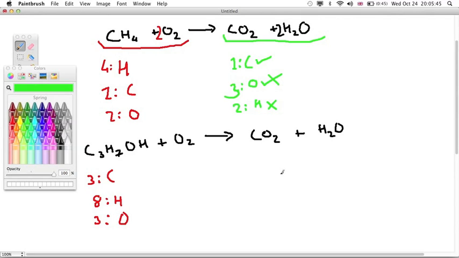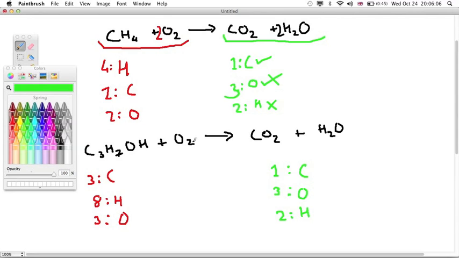But on this side, we have 1 carbon, 3 oxygen, so the oxygen is good, and 2 hydrogens, which is not good. We need 8.